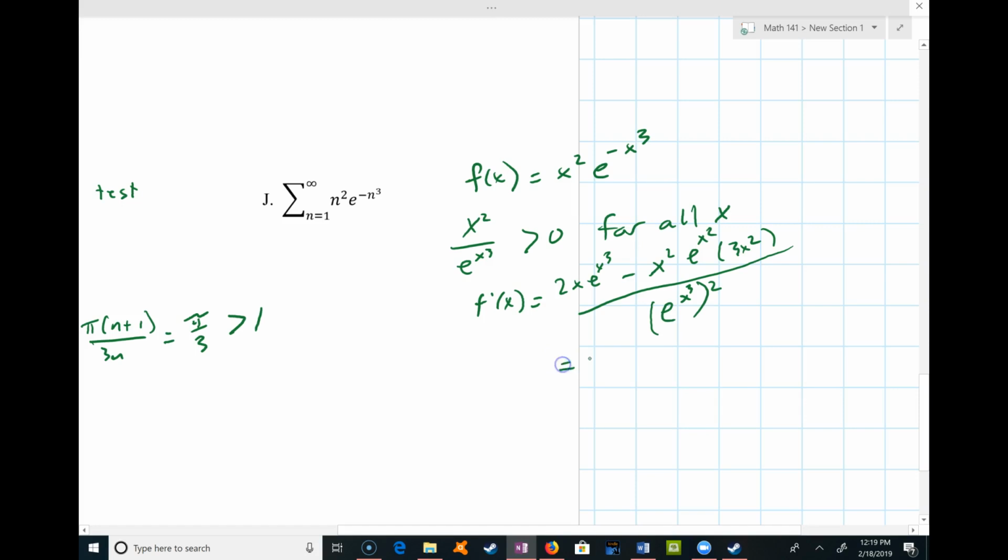And if we simplify that, we've got 2x e to the x cubed minus 3x to the 4th e to the x cubed. That's supposed to be x cubed, isn't it?